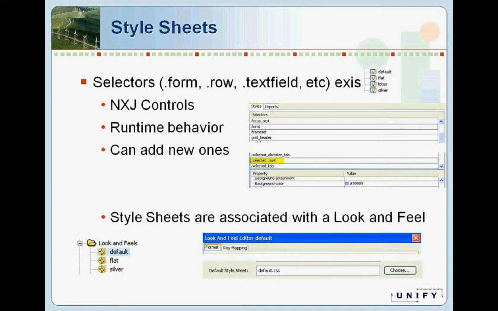And so what you'll see in the bottom image here is that we have our default style sheet and the default look and feel pointing to the default style sheet. Usually if you create a new style sheet, you'll create a new look and feel to go with that. And at deployment time, you can figure out which is going to be your default style or default look and feel, so you can deploy the application and have it be branded for different customers or different styles.